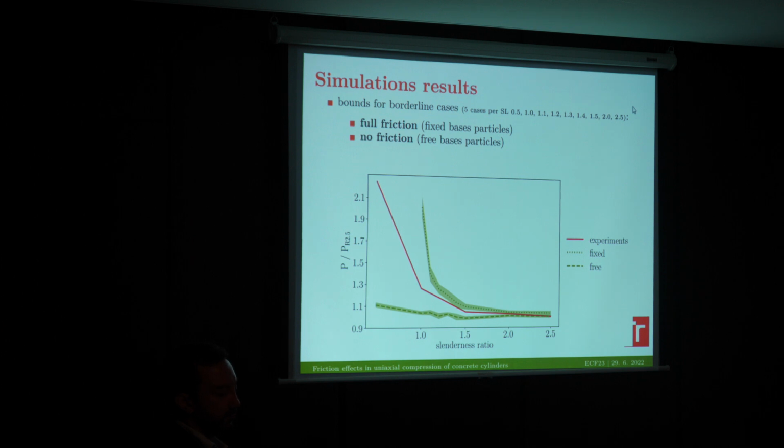Can I ask a question? Of course. Normally in all the codes, we have to use 2.0 as a slenderness. And when you pass to 1.0, of course, you have to increase. Have you checked from the codes if the results you obtain are consistent with the codes or not?